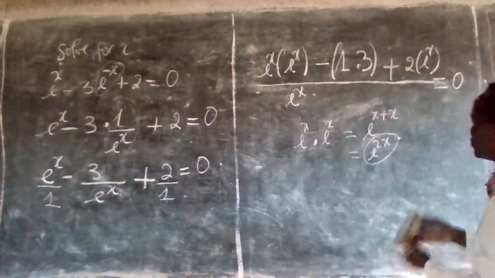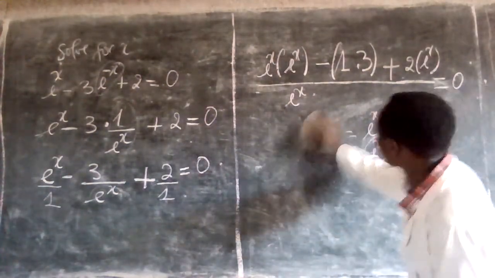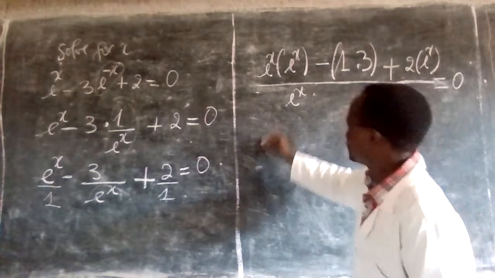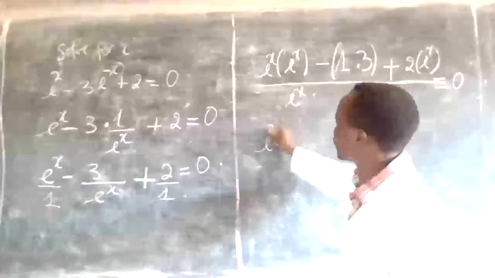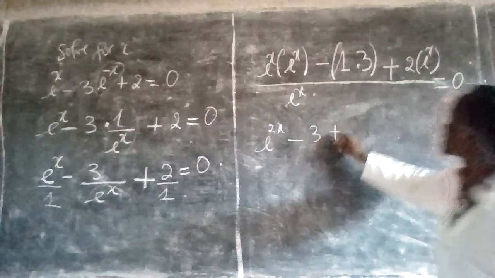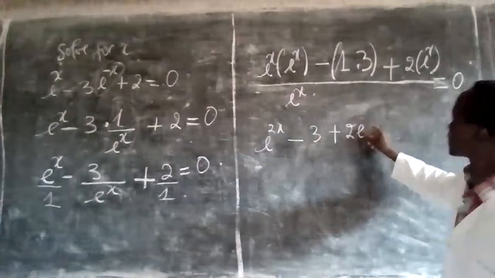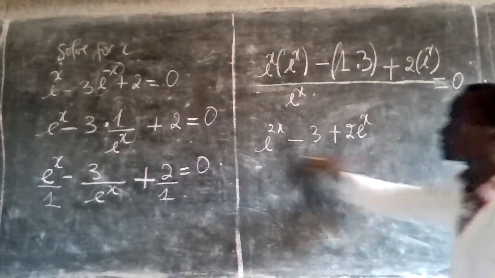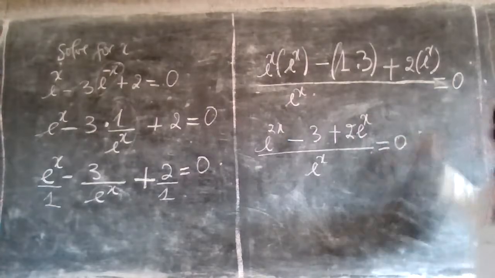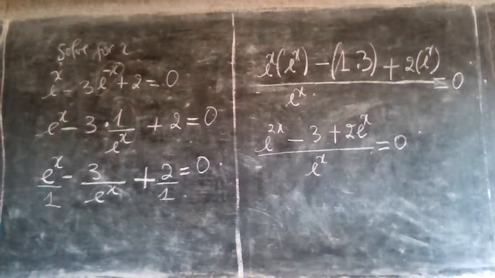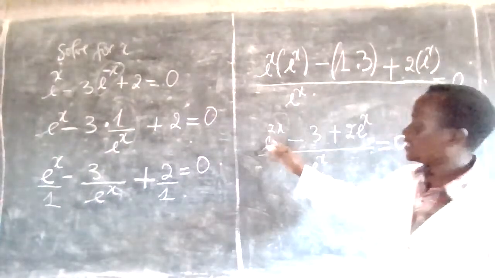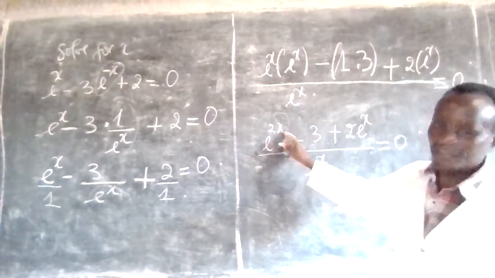Now let us continue. It is e^(2x) minus 3 plus 2 times e^x, over e^x, is equal to 0. Yes? I think everyone has understood where this e^(2x) came from.